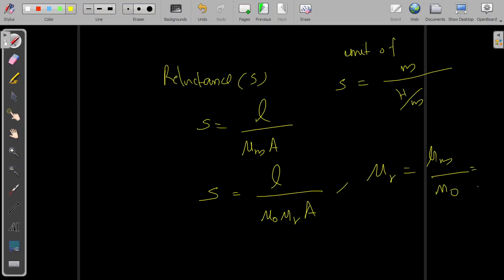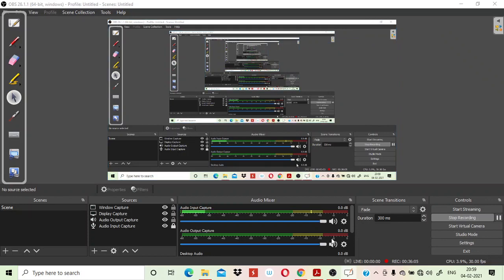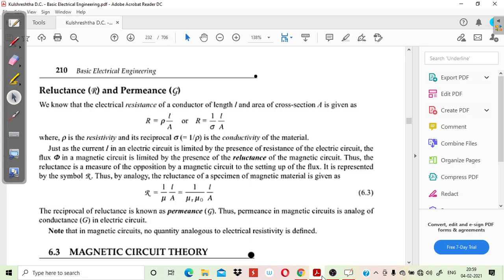Then the unit of area is meter square, so meter square cancels, and then reluctance is equal to H inverse, Henry inverse. This is the unit. Okay, that is our reluctance S.